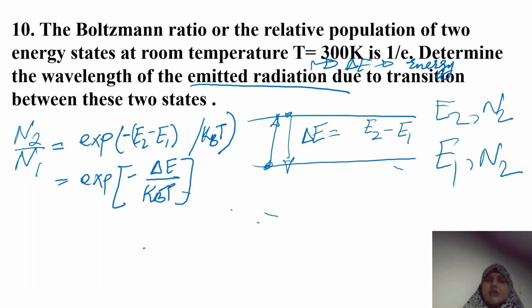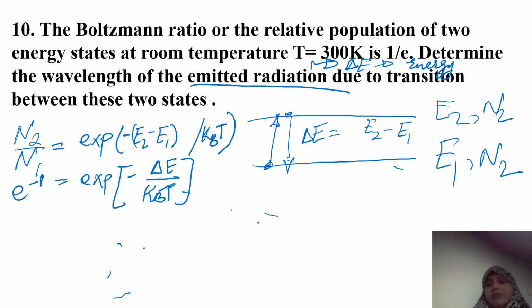Now we have been given that at room temperature, that is T is equal to 300 Kelvin, we know how much is kB. So at room temperature, this N2 by N1 is 1 by e. That is N2 by N1 is equal to 1 by e, which I can rewrite as e to the power minus 1.